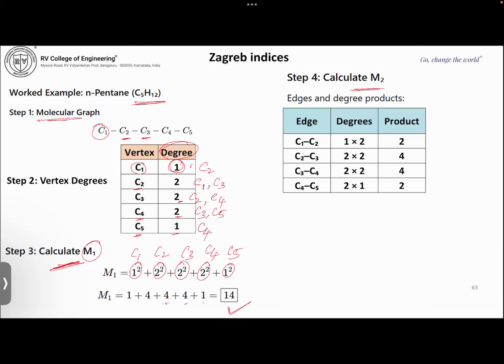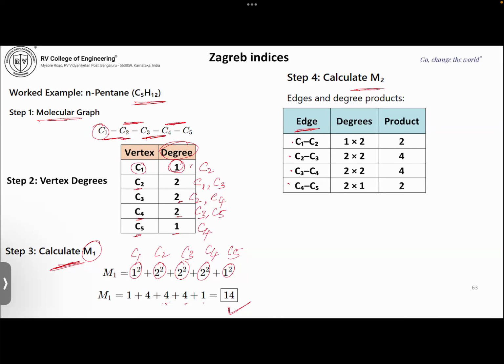Okay. For this, you have to identify the edges because you have to identify the degree of the neighboring vertices. So in this, we have C1, C2 is one edge, then C2, C3 is another edge, C3, C4 is another edge, and C4, C5 is another edge. So there are total 1, 2, 3, 4 edges, right? 4 edges.